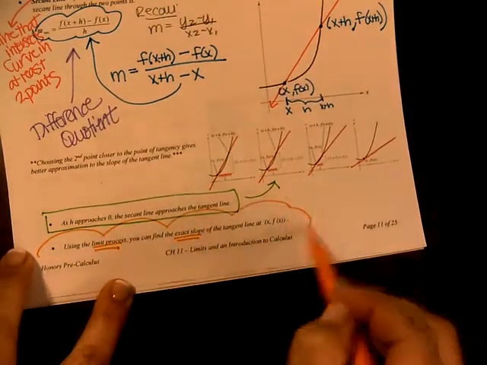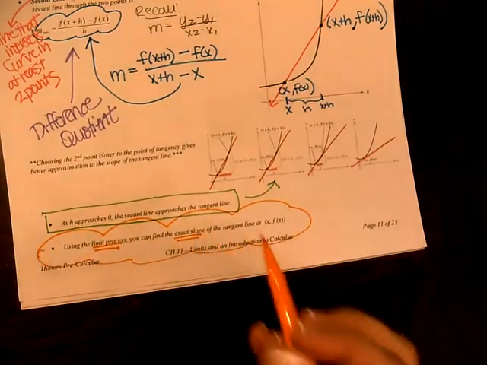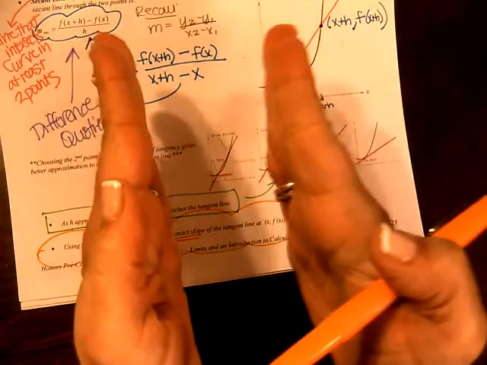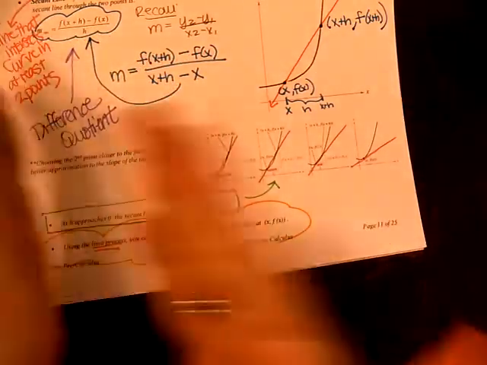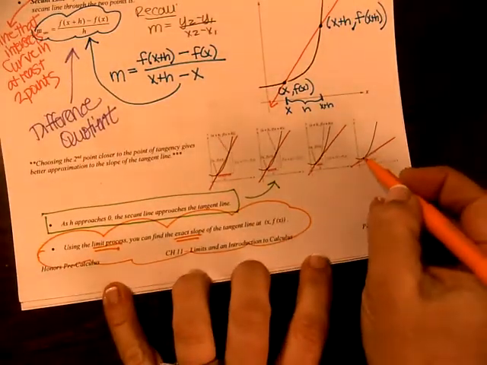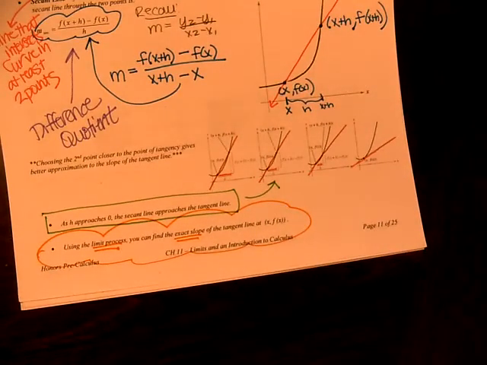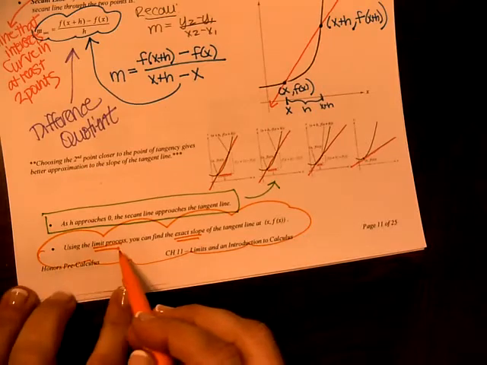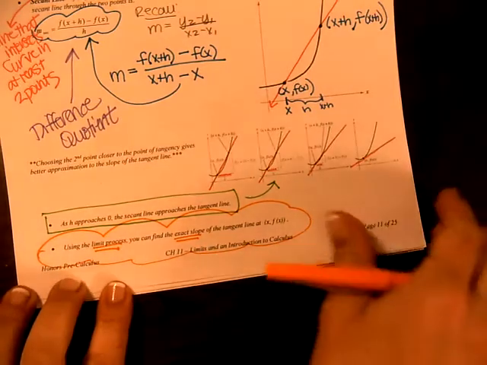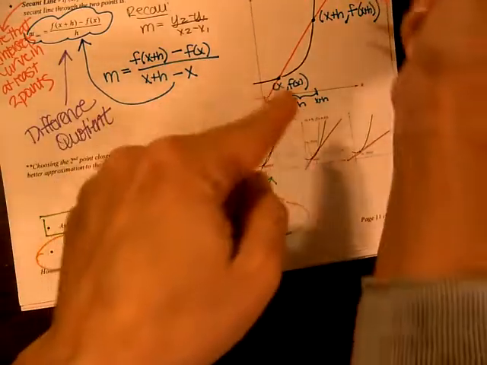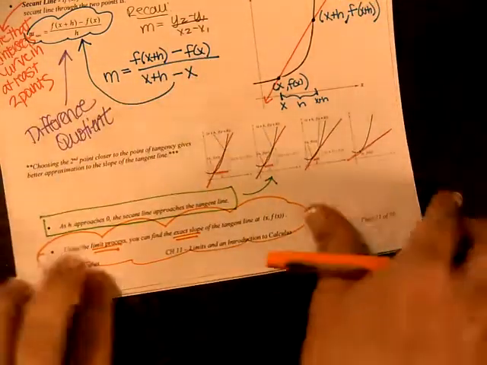And that's what we're going to be doing in this section: we're going to let that h get closer and closer and closer to 0. And if it was able to be 0, notice that we would get that tangent line. So using the limit process, we're going to find the exact slope of a tangent line, okay? So that's where we go from the idea of the secant line to the tangent line, okay?